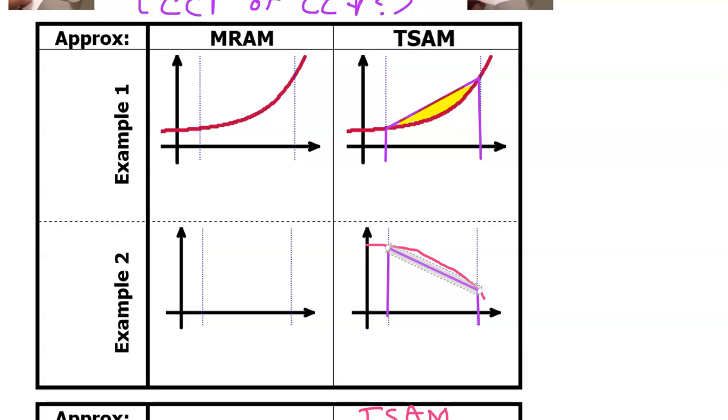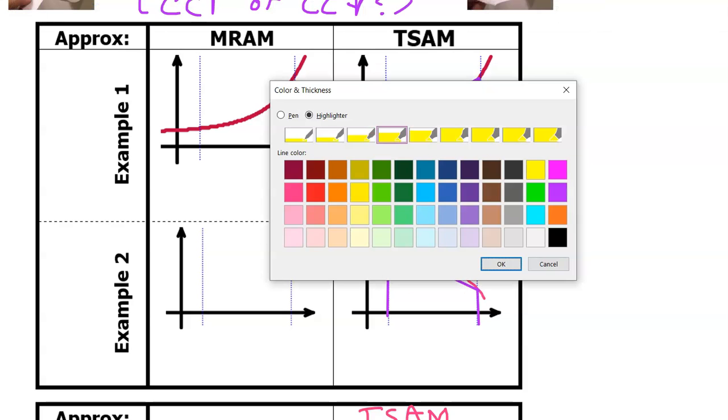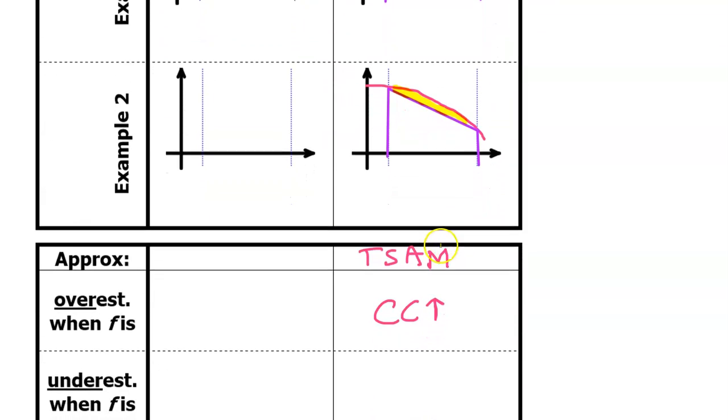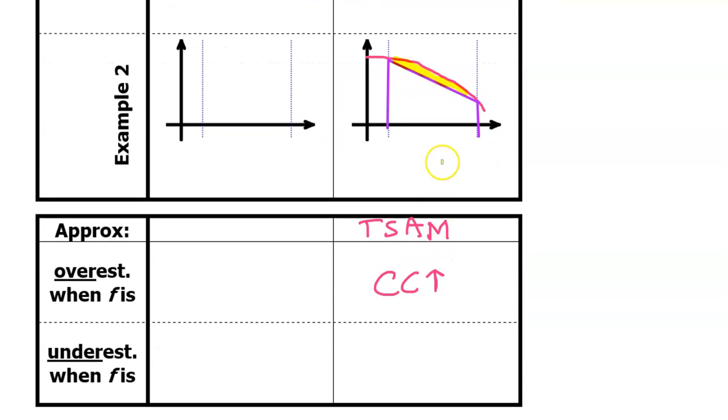Okay. And now you can see that this is going to give us an underestimate because this trapezoid is missing some area under the curve. All right, so TSAM gives us an underestimate when the function is concave down.